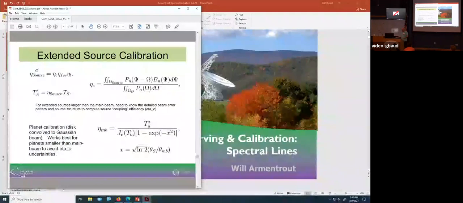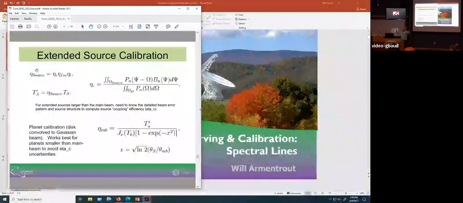With the GBT, we're fortunate because our side lobes are way low since we have an off-axis feed. For the more traditional radio telescopes, you really need to understand your beam and your beam patterns to figure out the fractional power.